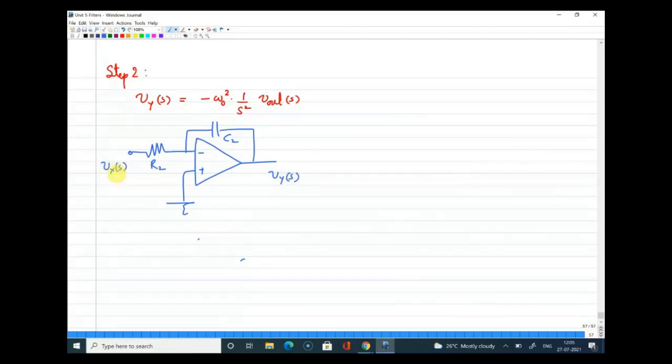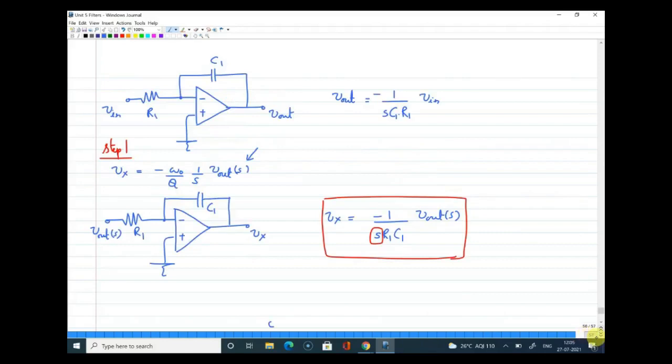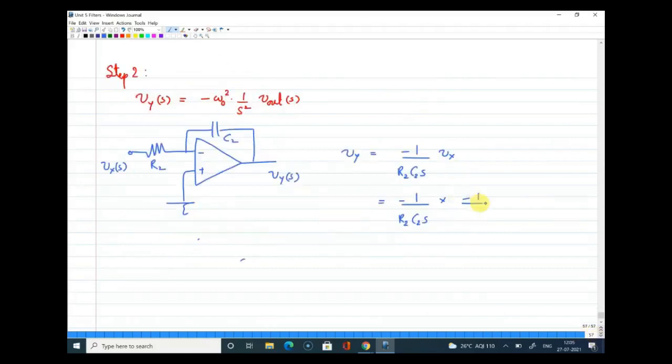Is that clear? That means what I will get here is Vy equal to minus 1 by R2C2S into Vx. When I bring in Vx here, it can be written as minus 1 by R2C2S into Vx, and Vx is minus 1 by R1C1S into V out of S. Is that okay?